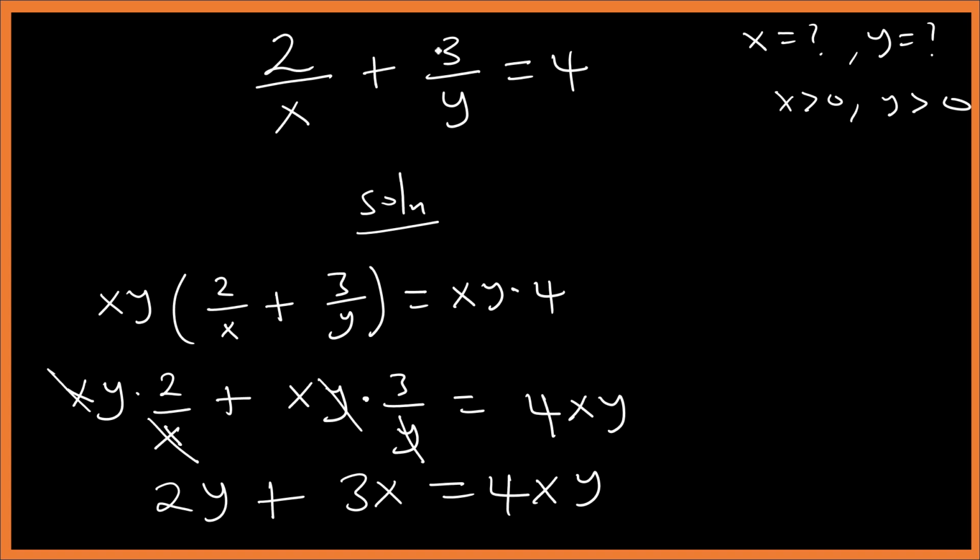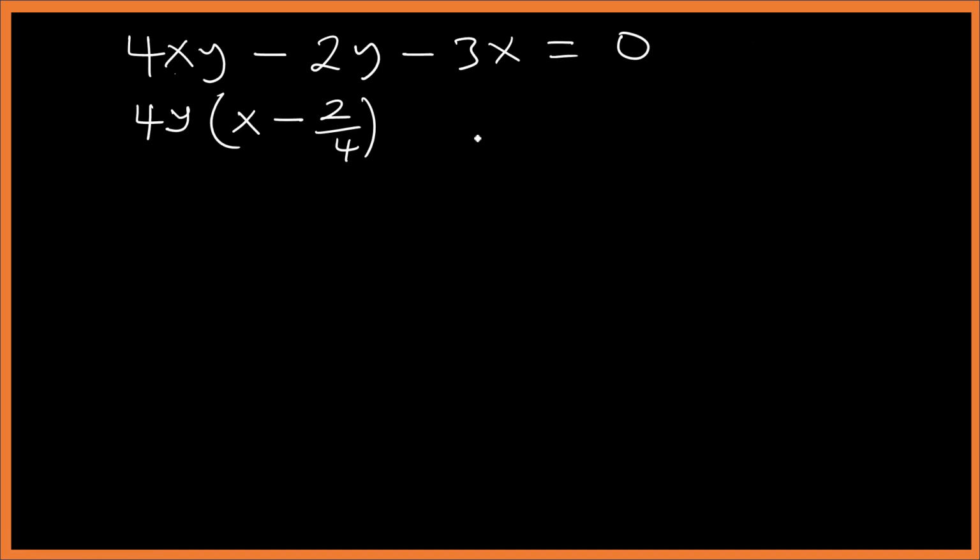So 2 times 3 is 6 over 4. So we are going to supply 6 over 4 to both sides of the equation. So let's go. So I'll add 6 over 4, so plus 6 over 4. Okay, so I've done nothing. If I send this one to this side, it will cancel out.